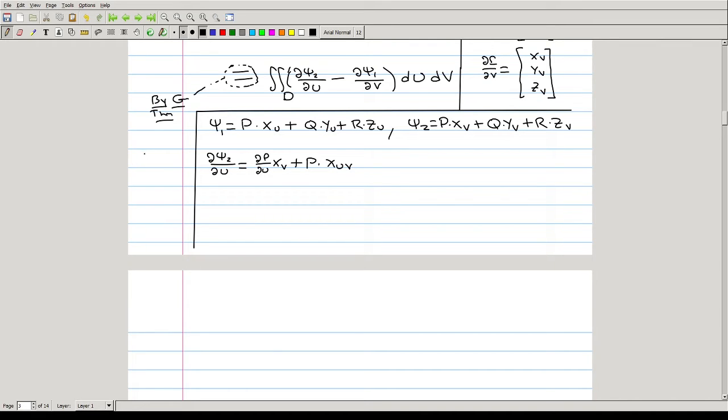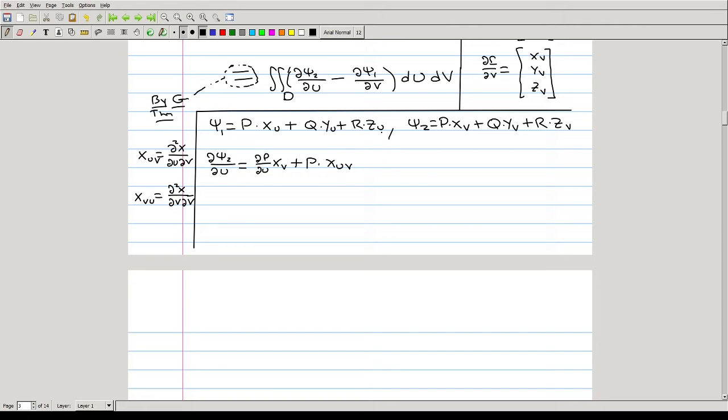I'm just going to do one of these here so we'll kind of show what this means. x_uv stands for the second partial derivative of x, first with respect to v and then with respect to u. Likewise, if I were to say x_vu, this is going to stand for the second partial derivative of x, first with respect to u and then with respect to v.